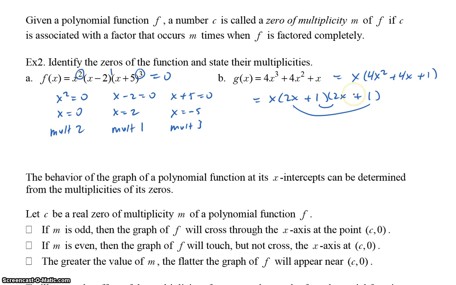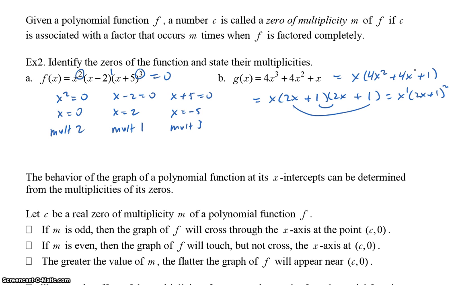So all of the terms are accounted for, and we have the factored form of the polynomial. Now, since 2x plus 1 is a repeated factor, we can write it as x times (2x plus 1) squared. So we have x to the first, just for emphasis I'll put a 1 there, and (2x plus 1) squared.